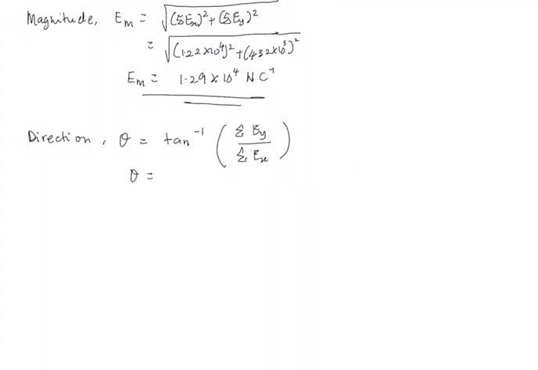So your theta is tangent inverse of 4.32 times 10 power of 3 divided by 1.22 times 10 power of 4. So theta you will get is 19.5 degrees. So 19.5 degrees above the positive x axis.